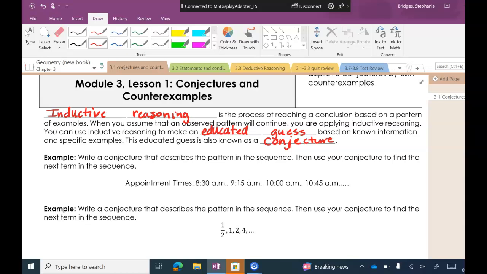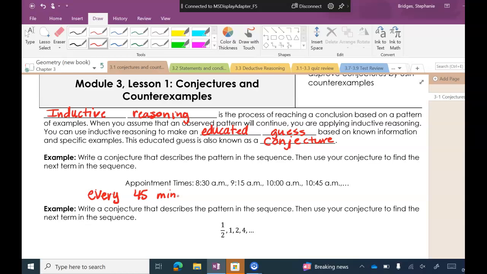Appointments are every 45 minutes. So I can jot that down. Every 45 minutes. And then it also asks me to determine the next appointment time. So if my last one was at 10:45, what's 45 minutes after that?